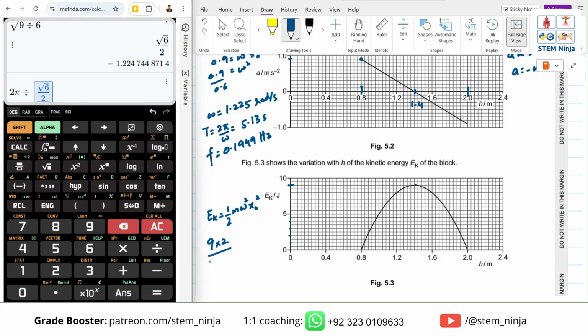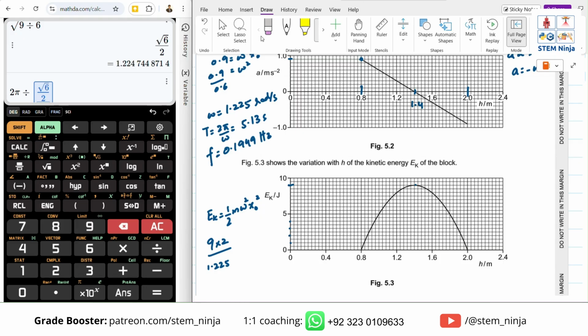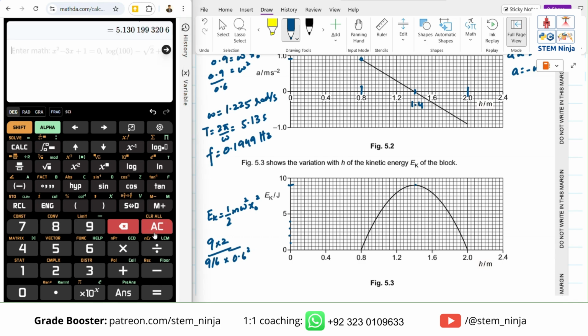Sorry, omega squared was just simply 9 over 6. X naught squared is 0.6 whole squared.